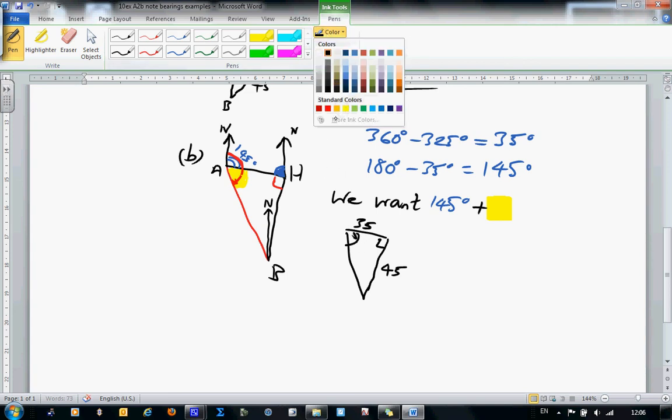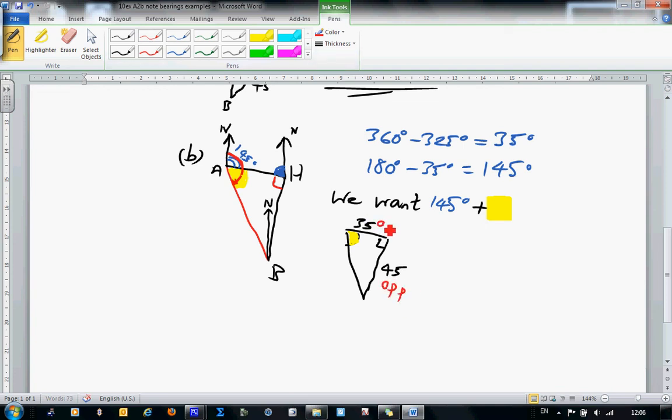From that we can see that the tangent of the yellow angle must be opposite 45 over adjacent 35. So this angle will be arctan of 45 over 35. On your calculator, arctan will be second tan, that's tan minus 1.